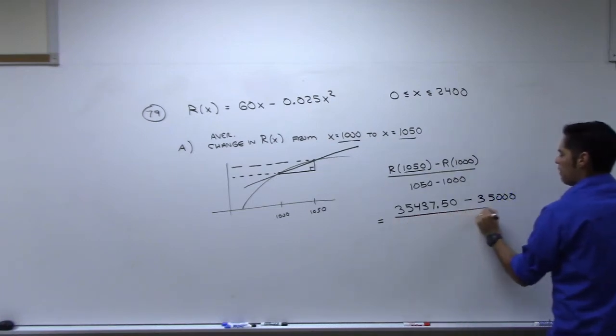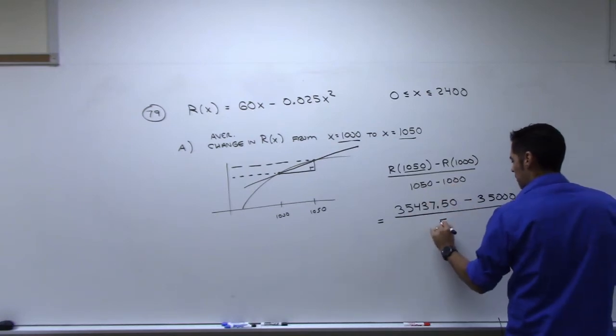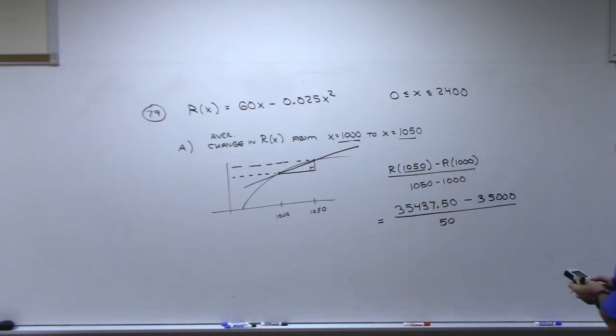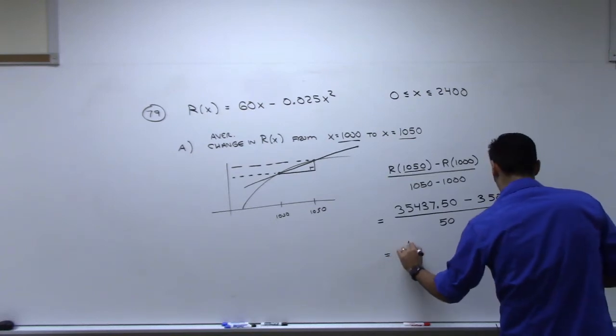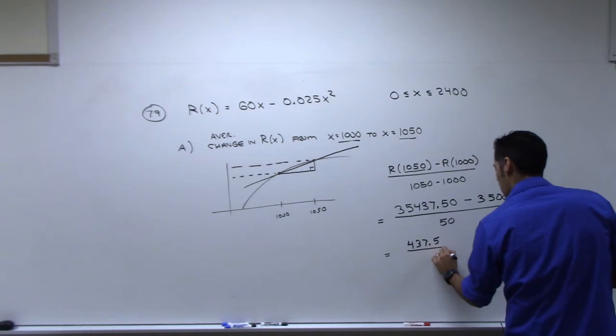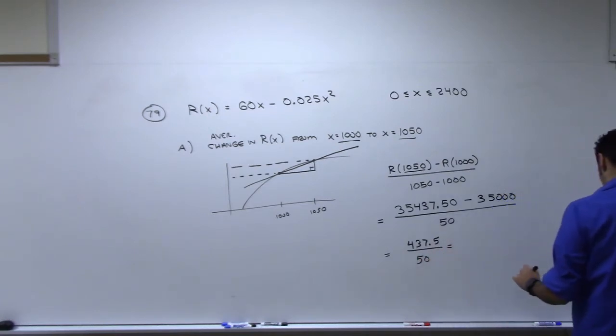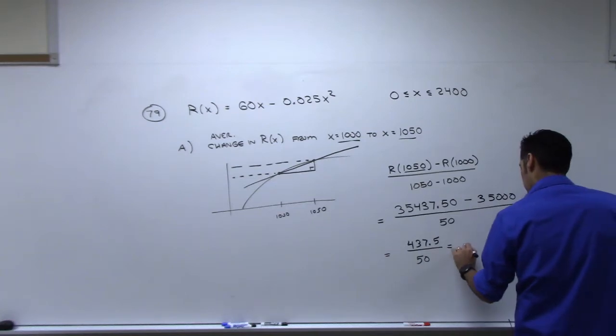All over 1050 minus 1,000, that's just 50. So now I'm going to do that top. So we should get 437.5 over 50. 8.75.